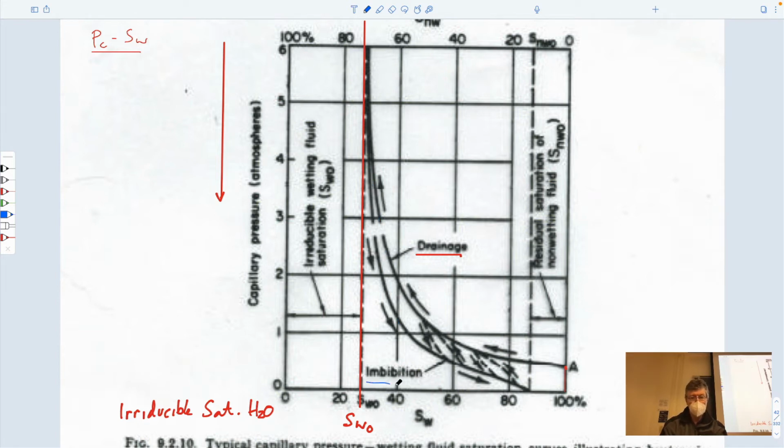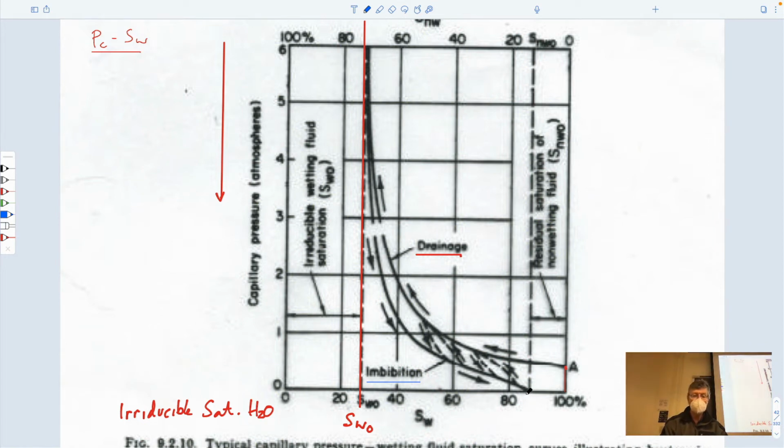This imbibition curve says that as you back off the pressure, if there's any fluid sitting on the outside of this material, it just sucks it in. It imbibes it because it's attracted to it. It loves the quartz. It's quartz-philic, not quartz-phobic. And so it comes on to cover the quartz and keeps on going in.